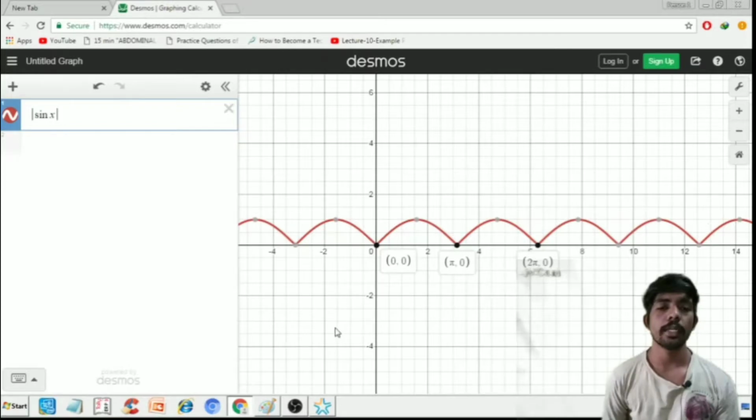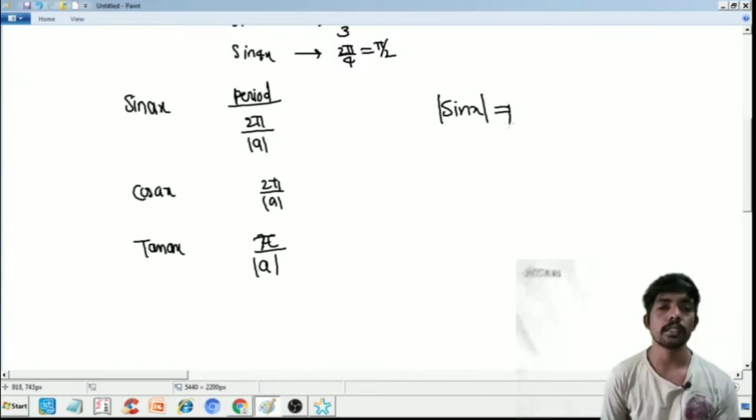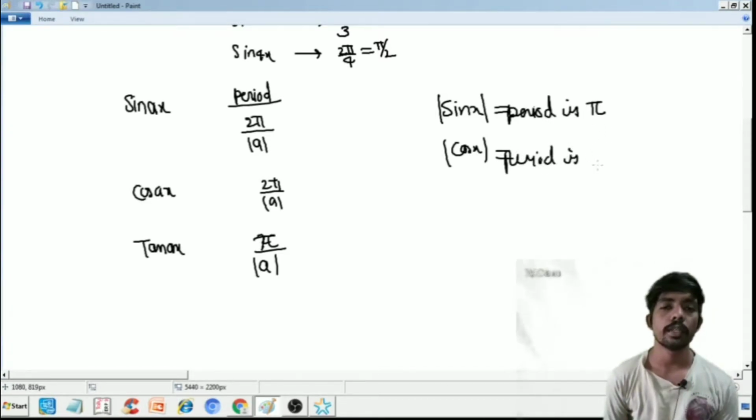Okay, it is repeating, hence we can say the period of modulus sin x is pi. Next, cos x with modulus is also the same; its period is also pi only.